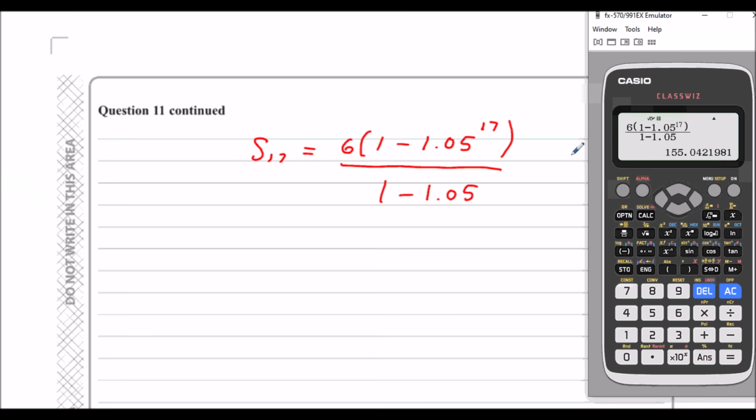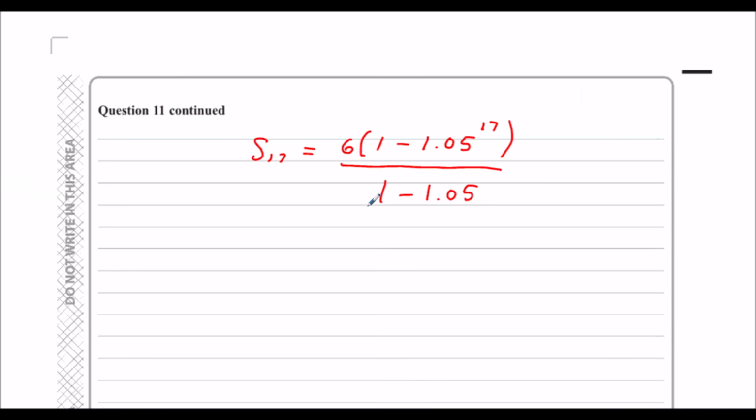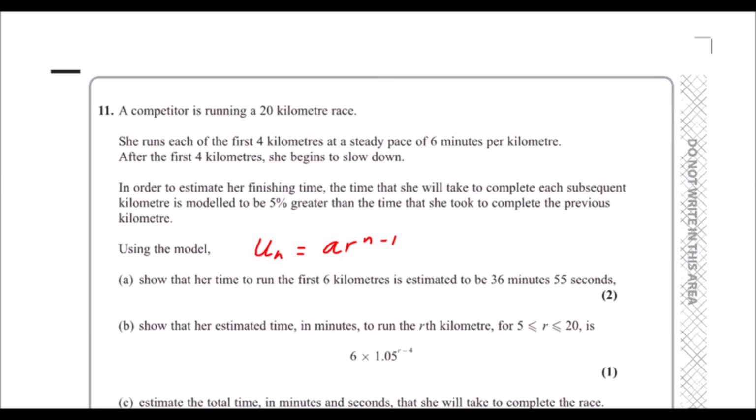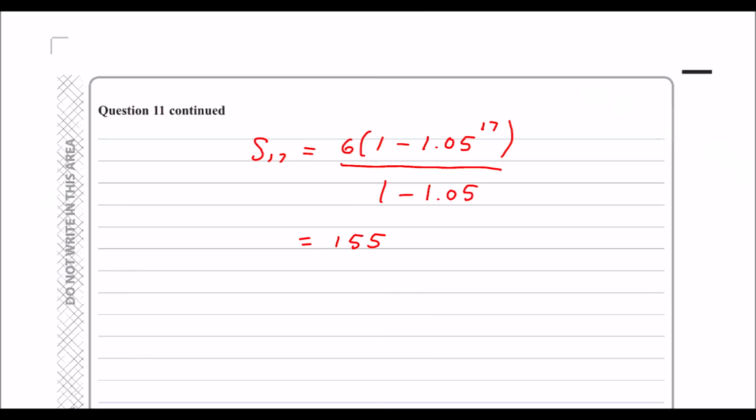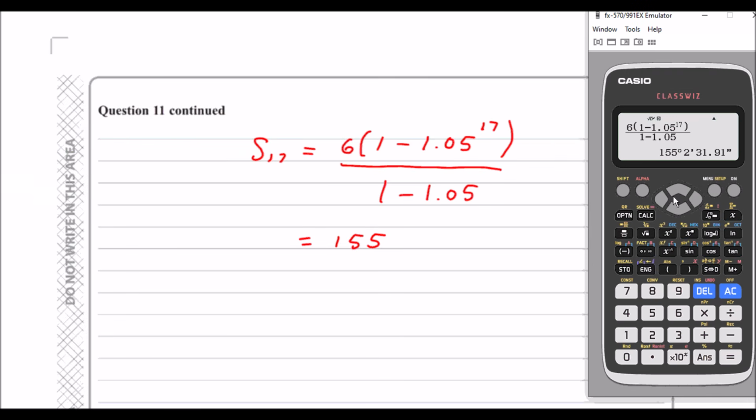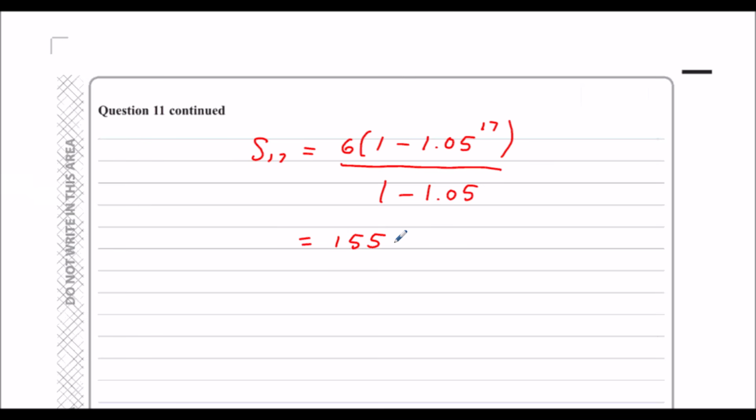155. So I just write down the 155, and then again we want it in minutes and seconds. So let's change that to minutes and seconds. 155 minutes and, well, 3 seconds, because it's over 30. So 155 minutes and 3 seconds.